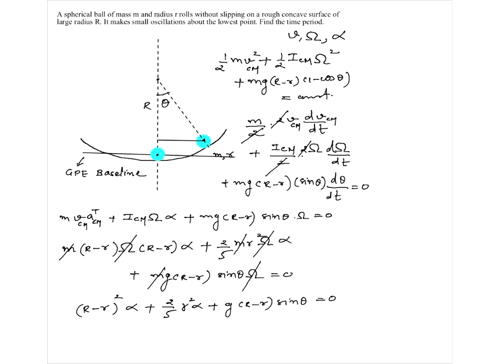If I had been 2 by 5 m r minus r square, things would have been very convenient for us. But I is I CM, right? About center of mass. So because it is about center of mass, shouldn't it be just r square, small r?